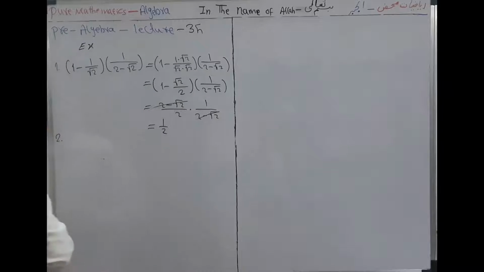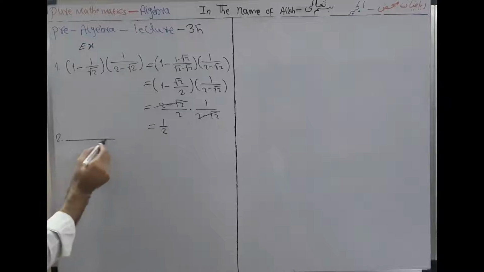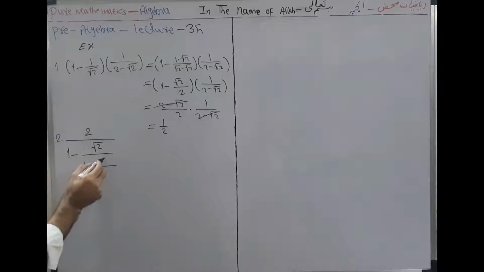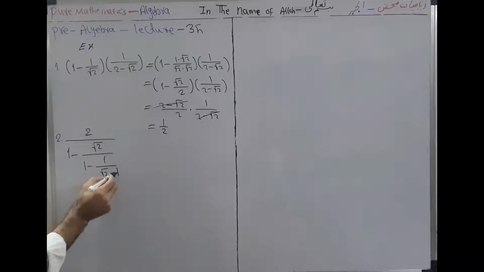Question 2, we have 2 over 1 minus square root of 2 over 1 minus 1 over square root of 2 minus 1.